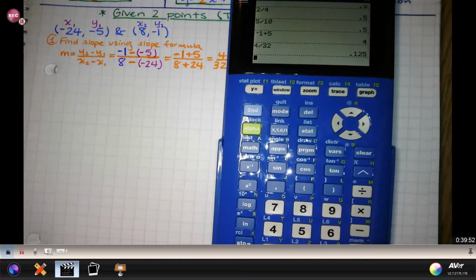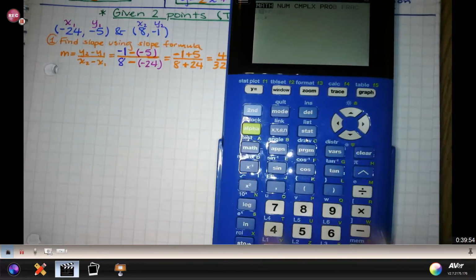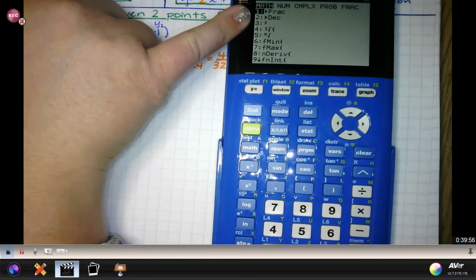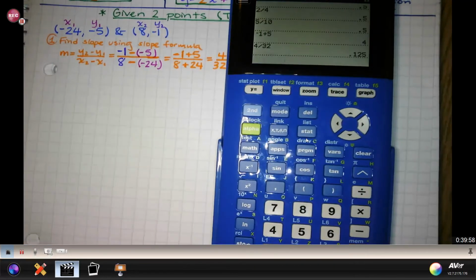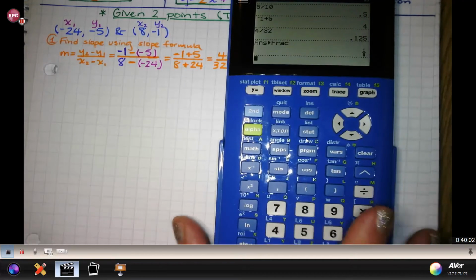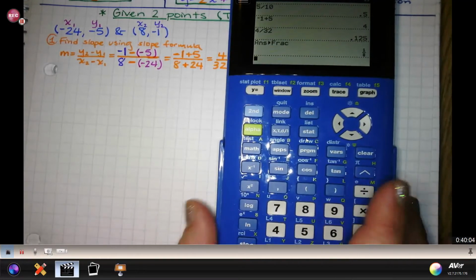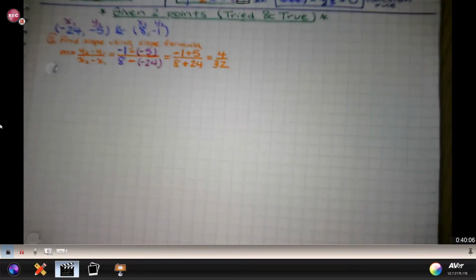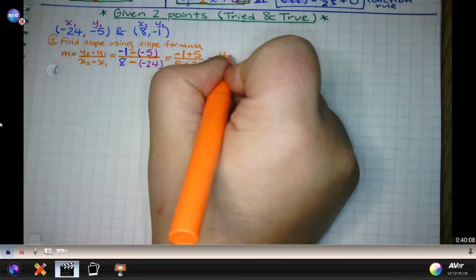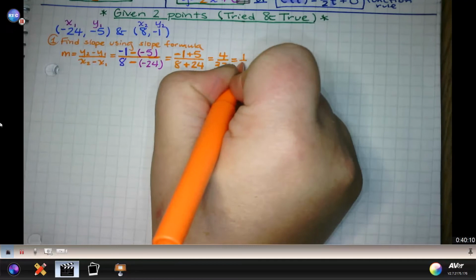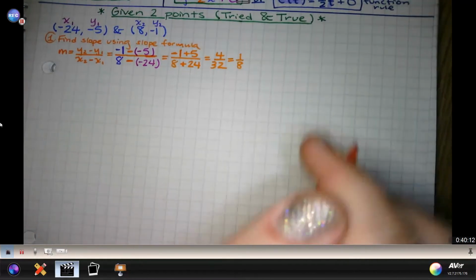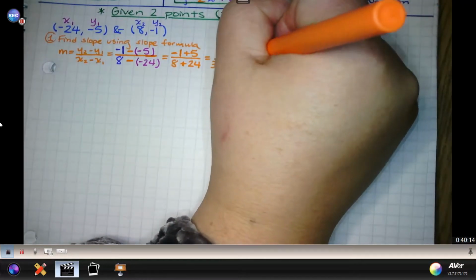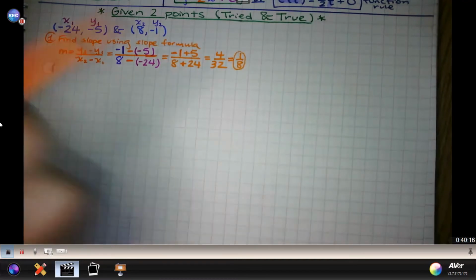Well, if you do math, and then see how it says arrow fraction for number 1? Hit enter, and then it turns it into the fraction for me. So this is simplified as 1/8. Pretty slick. I'll post those and other calculator hacks as we go through this unit. Okay, so there's my m. Boom.